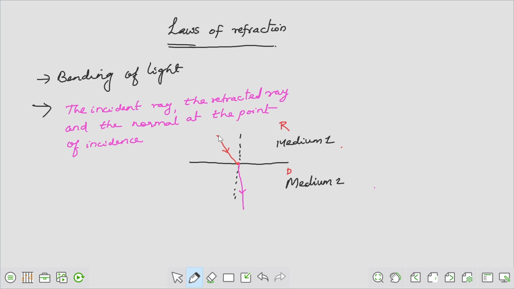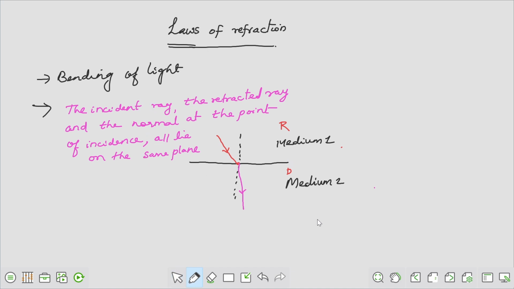We usually draw the normal where the light ray hits, and that is the meaning of at the point of incidence. In the diagram you can see the incident ray, normal and refracted ray all lie on the same plane. This is the first law.